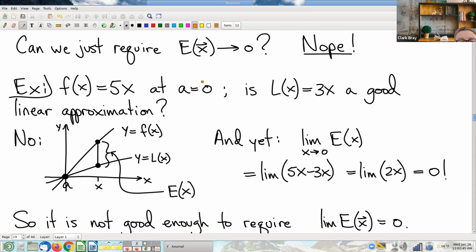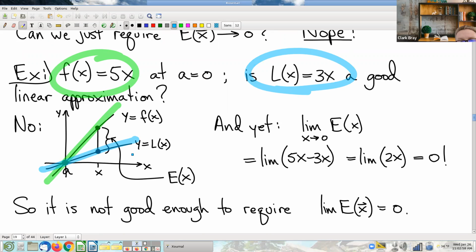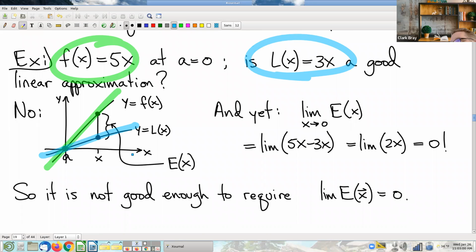Take, for example, this function, whose graph looks like that. And let me ask, is this a good linear estimate? Does the blue line track the green line? Well, no. Laughably, no. Of course not. It's way off. It's not even pointing in the right direction.